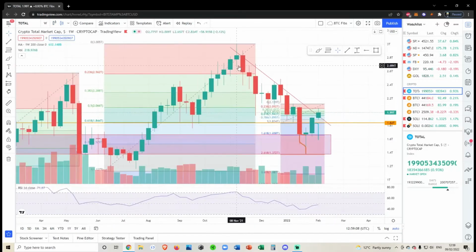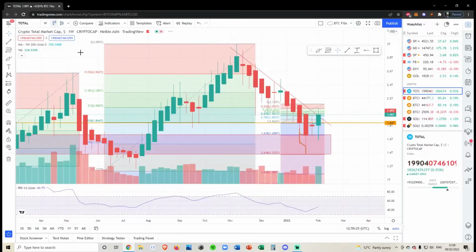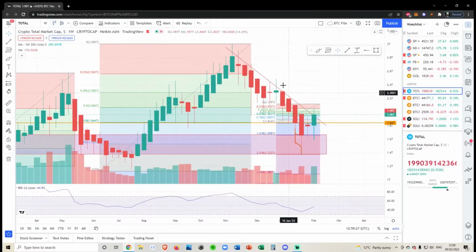For example, you can see in this downtrend that we've had since the 8th of November, we've had 1, 2, 3, 4, 5 green candles before we broke out of this downtrend. Now, if we come over to the Heikin-Ashi candles, you can see that we only had one green candle before we broke out, and this was a doji candle, which, if you don't know, shows indecision in the market.